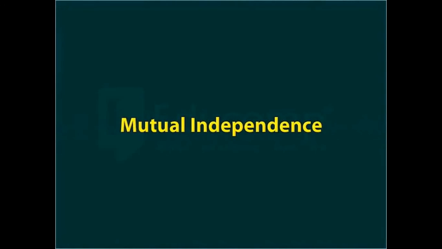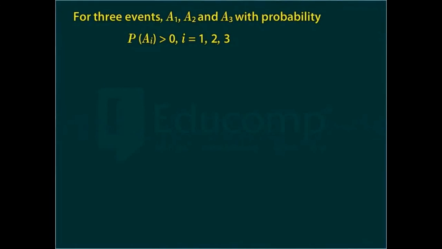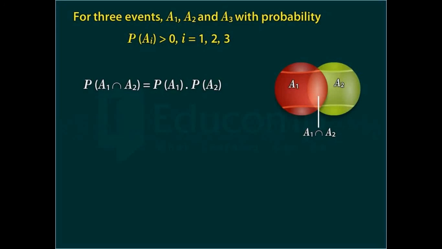Mutual independence. For three events A1, A2 and A3 with probability P of Ai greater than 0 for i equals 1, 2 and 3: P of A1 intersection A2 equals P of A1 into P of A2.